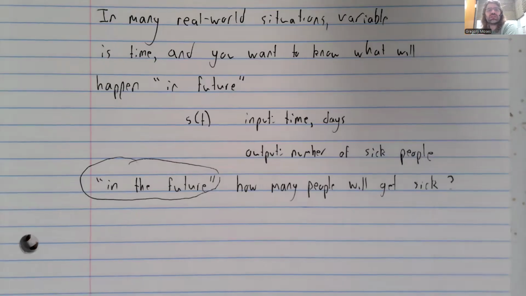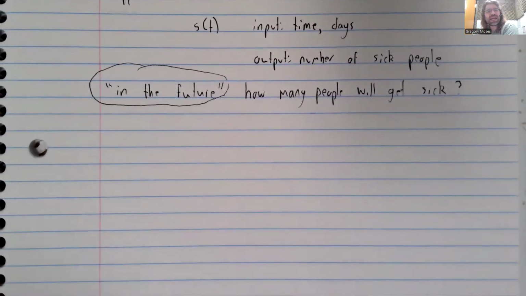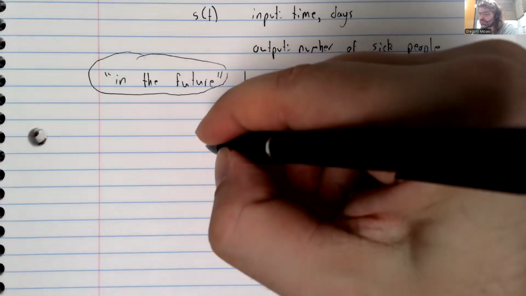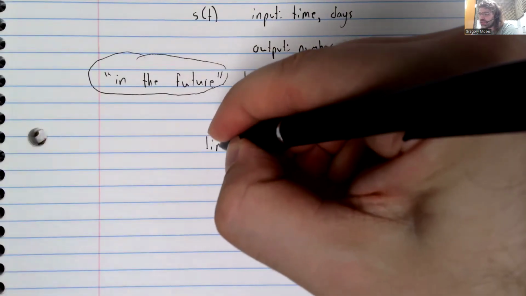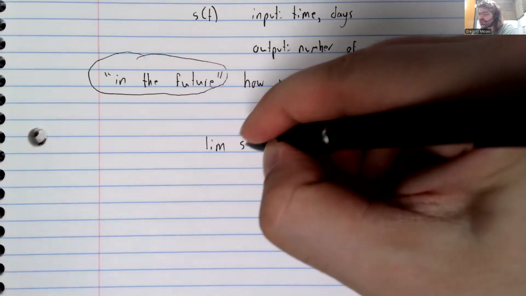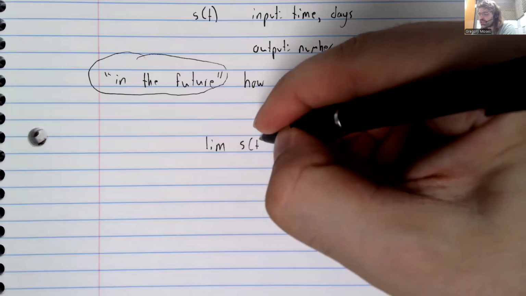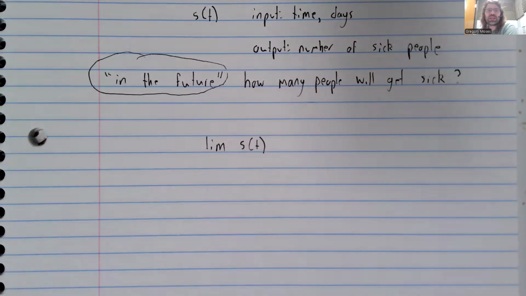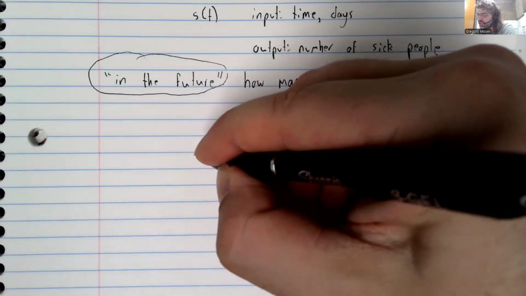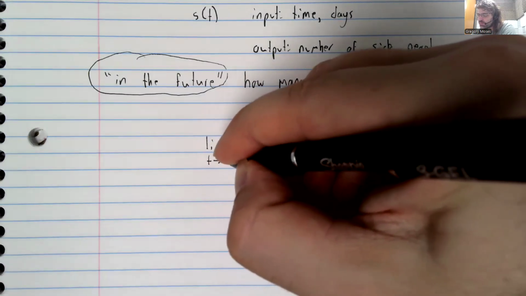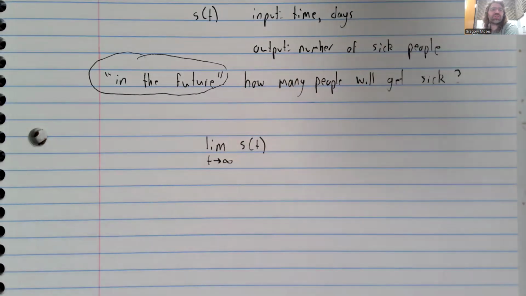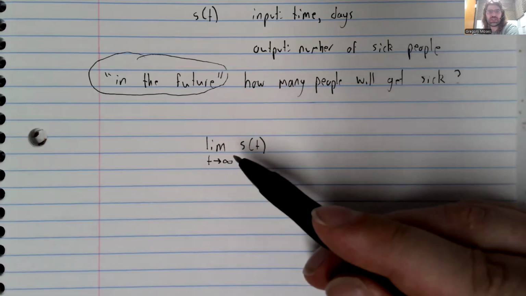And the way we formulate a question like that mathematically is we'll say, okay, we're taking a limit, but time isn't going again to 1 day or 10 days or 100 days. To represent the future, we'll let time go all the way to infinity.